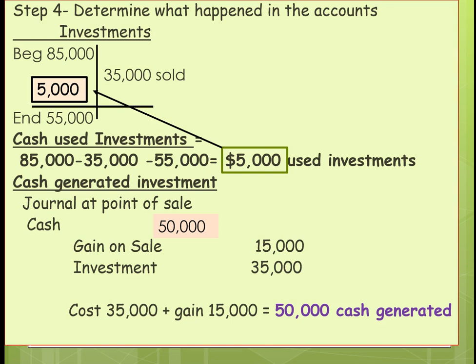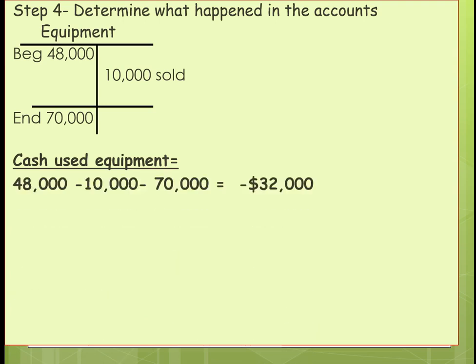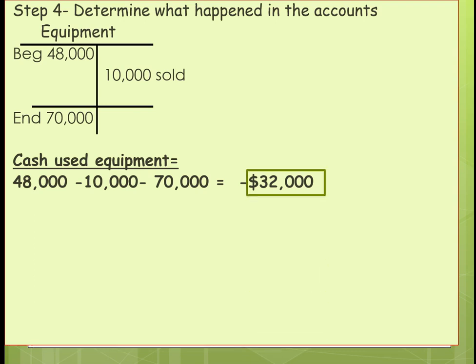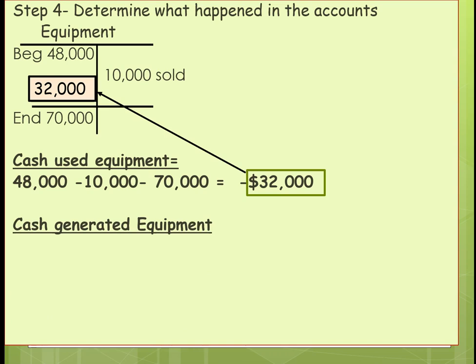Now we're going to look at equipment. So we have $5,000 that we used on investments, and we generated $50,000 by selling off investments. Equipment. We sold $10,000. So cash used, $48,000 minus 10 minus 70, tells us we used $32,000. Now we have to look at how much cash was generated when we sold that $10,000 piece of equipment.